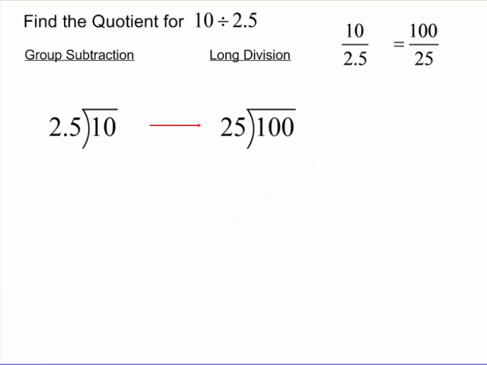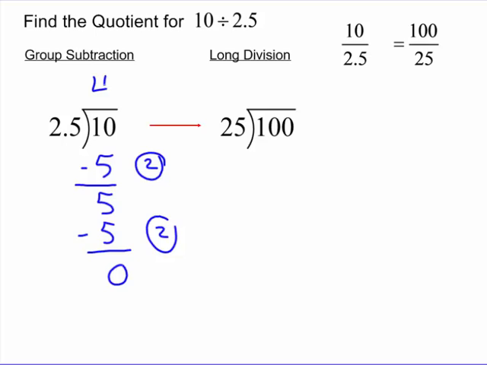So group subtraction, 2.5 divided into 10. So I know that 2 groups of 2.5 is 5. So when I subtract that, I'm left with 5. I subtract another 2 groups of 2.5, and I have 0 remainder. I count up how many groups I have, and there's my 4 again. Now up in the right-hand corner here, I just have a little proportion just to remind ourselves what we're doing.